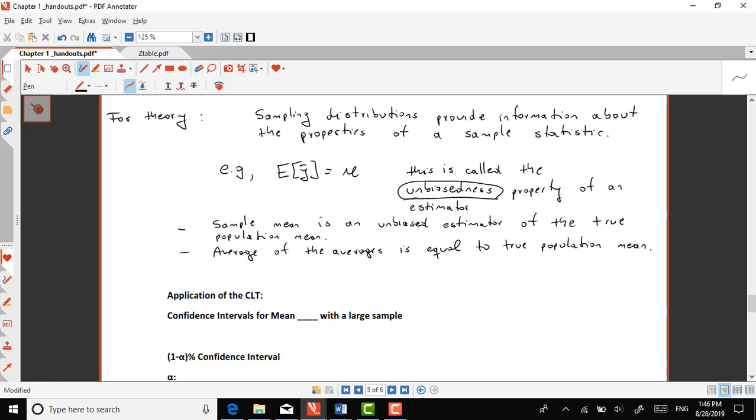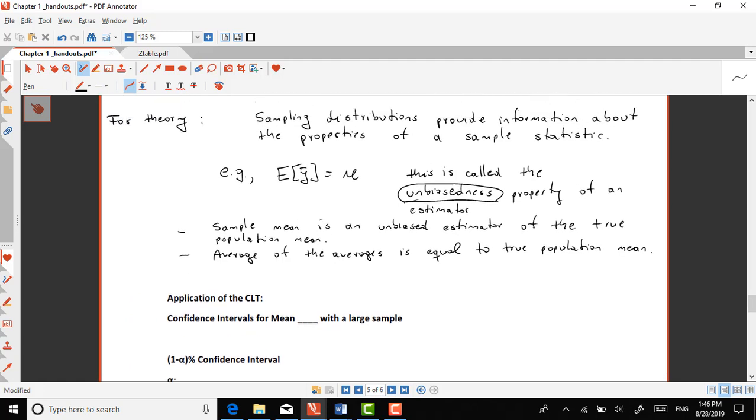So that's the first property, which is called unbiasedness. So let's look at this other property. Remember, the property had to do with the standard deviation of the sample mean being equal to the standard deviation of the original variable divided by the square root of n.